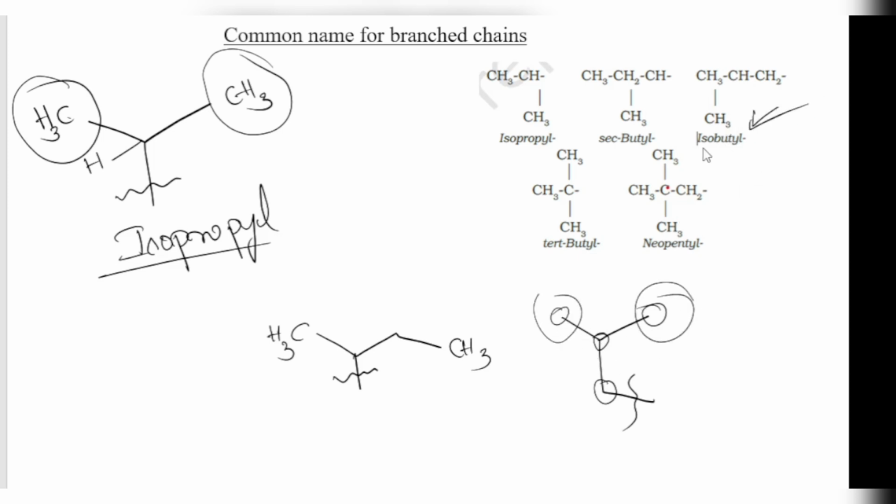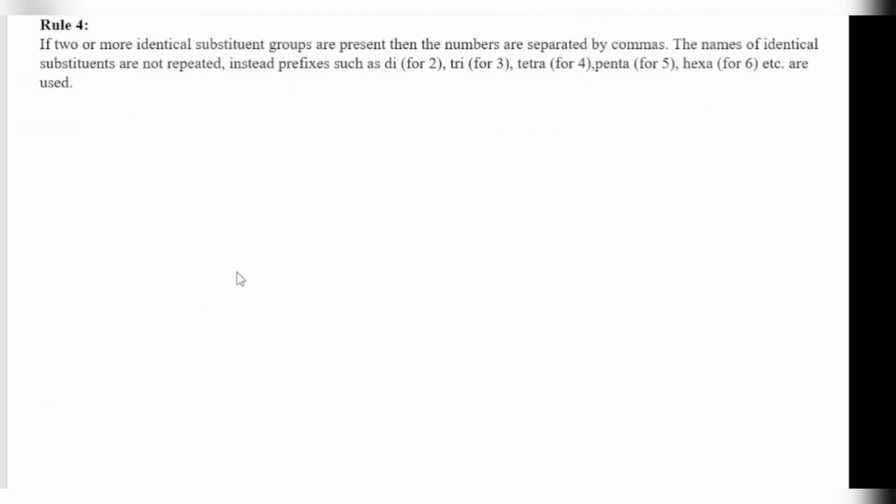We will name it isobutyl, and this molecule we know from SN1 reactions and so on, this is tertiary butyl. Suppose if it is attached to bromine, tertiary butyl bromide. And this is another side chain, which is neopentyl. Pent means what? Root word. It contains 5 carbon atoms. Definitely we can see over here 5 carbon atoms are there. That's why the name neopentyl. This is the common name. We can use it in the IUPAC name also. It is acceptable. Now we'll move on to the next thing.